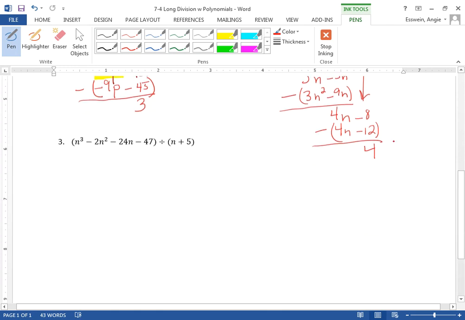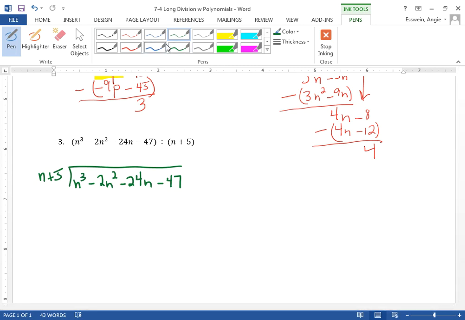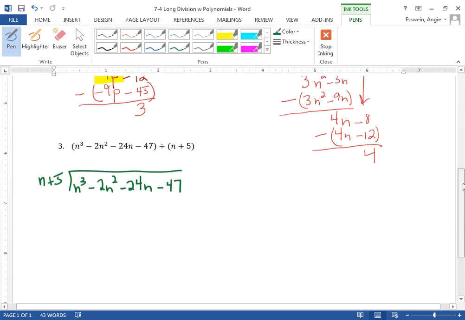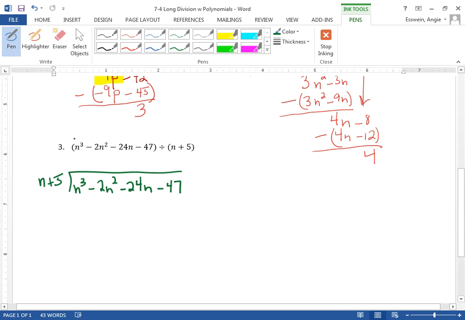Okay, last example. Let's do one more so we get the hang of it. Feel free to work ahead of me if you have it down. So this is n cubed minus 2n squared minus 24n minus 47. So we've got 3, 2, 1, 0. We're good. We don't need any placeholders. You'll catch yourself eventually if you forget to do a placeholder, but then you'll be a little frustrated because you'll already have done a lot of the problem and you'll have to start over.